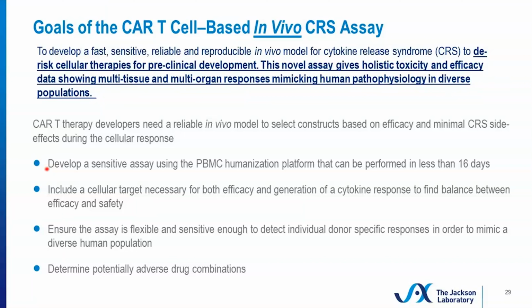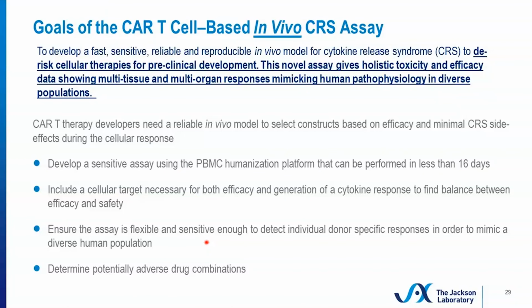So we're trying to develop a sensitive assay that includes PBMC humanization and do this in a very short assay. And I'll show you that this can be done within a 2-week assay. You need to include both the cellular targets for the efficacy and the appropriate immune cell types that can measure the cytokine release response, and then look at the balance between efficacy and cytokine release.